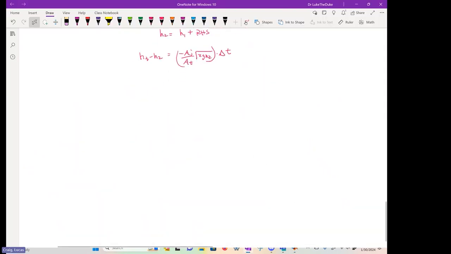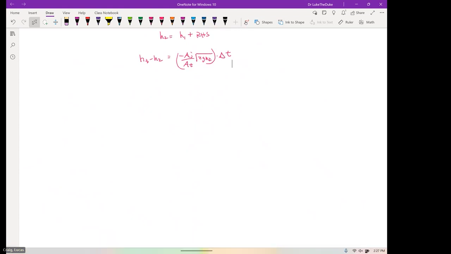All right, now let's talk about terminal velocity, okay? We've done a few things now. This is going to be forces, okay? We're going to have a tennis ball.